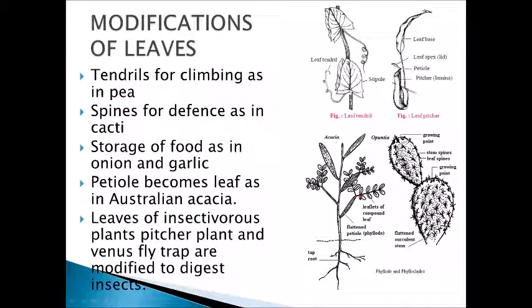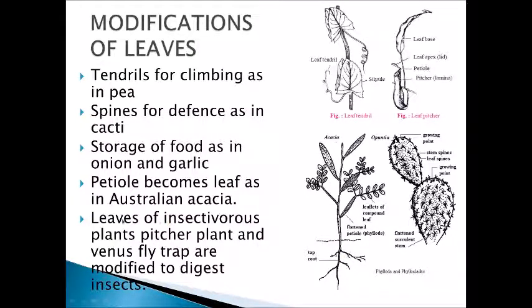So for photosynthesis, the petiole gets converted into a leaf. This petiole does not remain a cylindrical structure. It becomes a flat leaf-like structure and does the function of photosynthesis. So this is one more modification, and such a flattened petiole in Australian acacia is called as phyllodes.